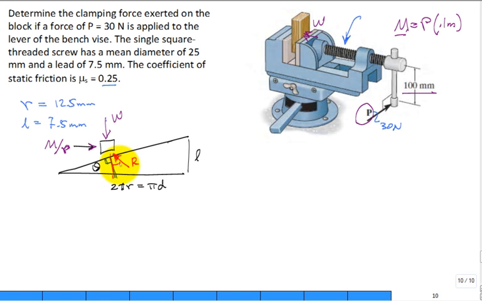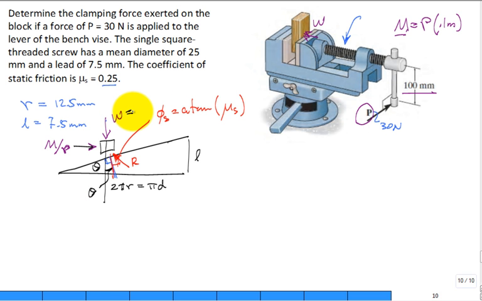And we had this angle right here, which is our angle for static friction, the arc tan of the coefficient of static friction, mu sub s. I drop a vertical down. This angle right here is the same theta. Once I understand that diagram, which is a lot to digest, I encourage you to look at the book as well as notes. They want to know what is that clamping force.